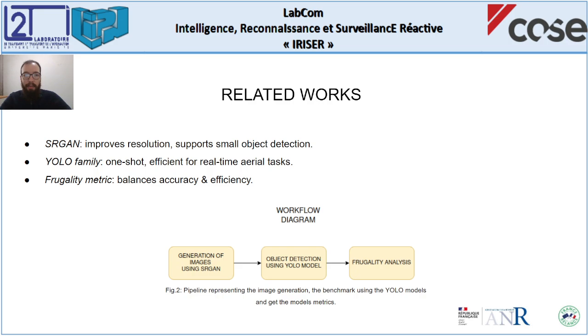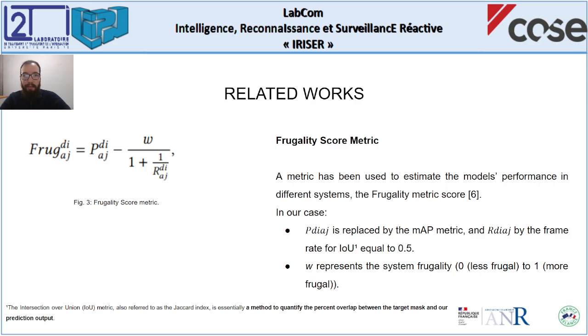The frugality metric just gives us a balance between accuracy and efficiency. Here we present our workflow: the generation of the images, the object detection in our benchmarks, and then the analysis of the frugality. But what is frugality?